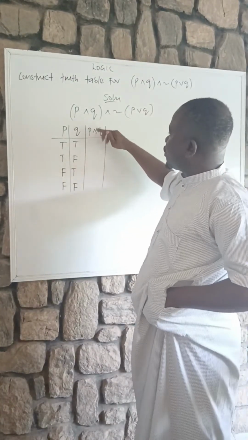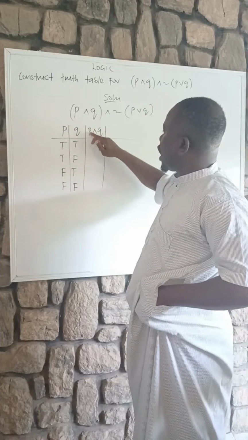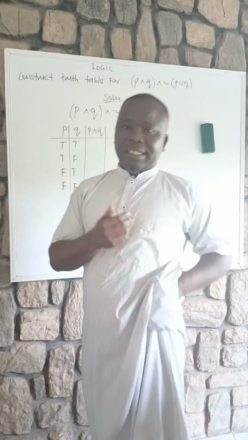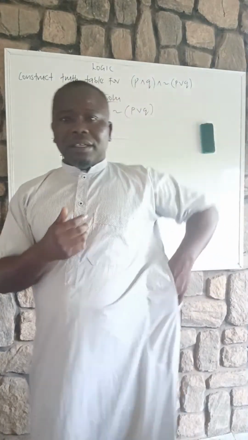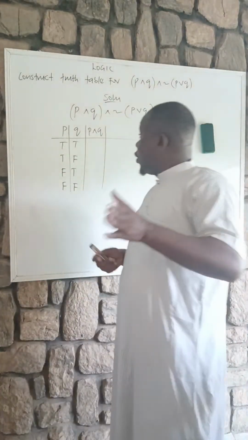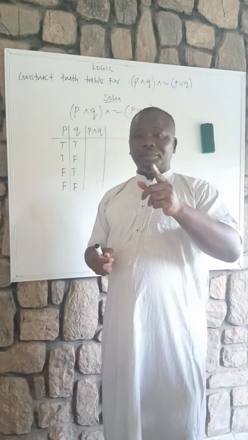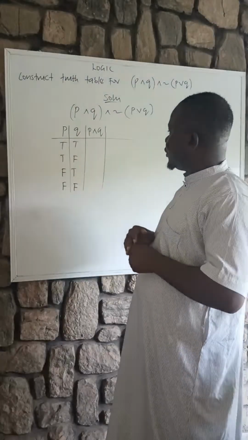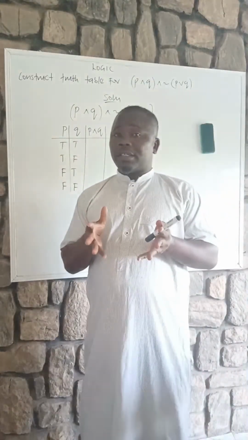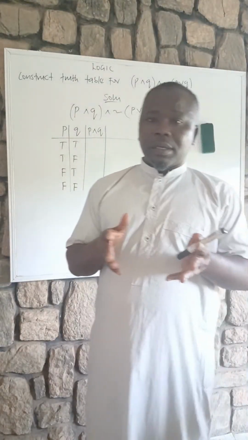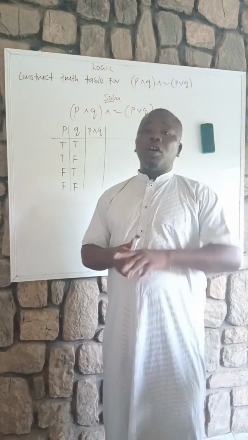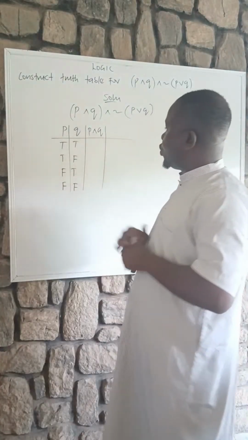As long as truth table logic is concerned, P conjunction Q, the rule states that for one to consider the conjunction, it means the two statements are what? False. Otherwise, true.